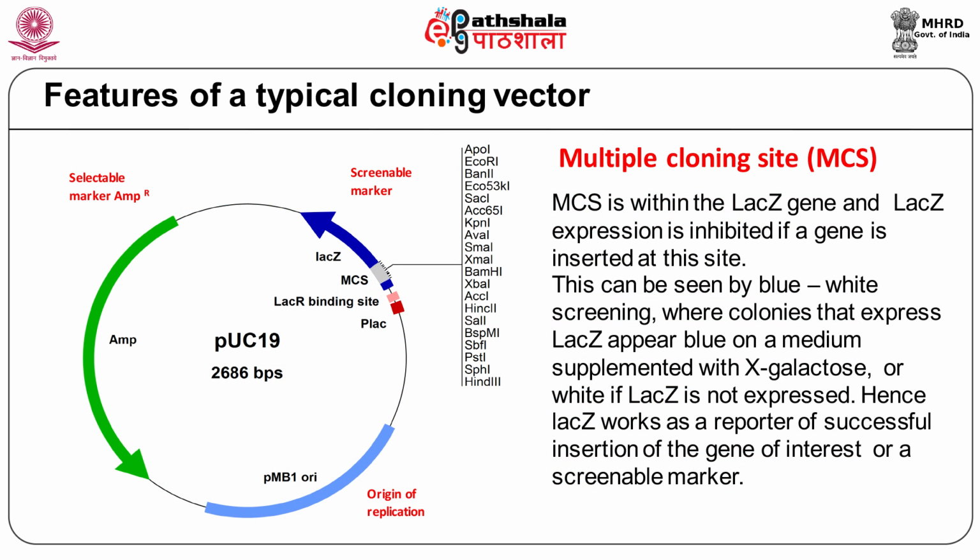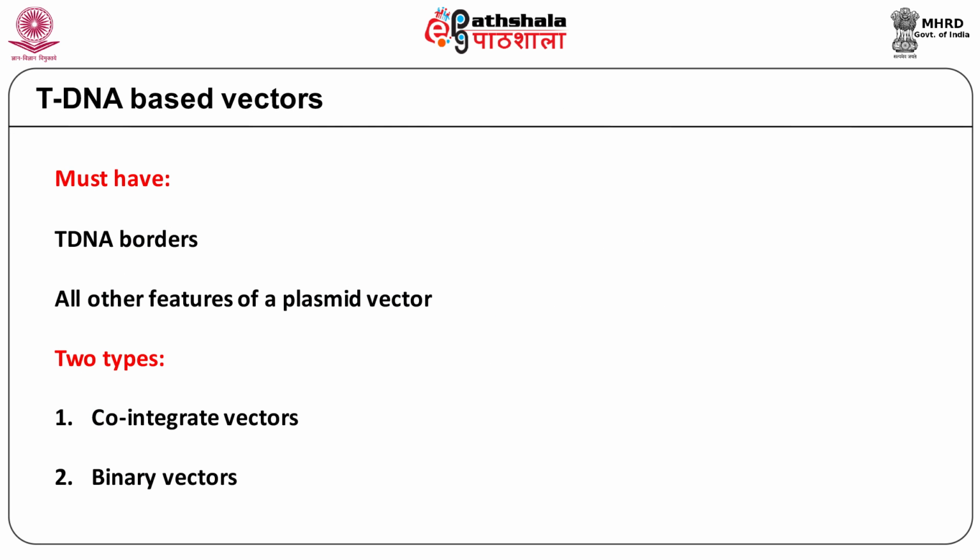The features required in a typical plasmid vector include an origin of replication, by which multiple copies of the plasmid can exist in a bacterial cell; a multiple cloning site consisting of unique restriction sites; a selectable marker, generally coding for antibiotic resistance; and a screenable marker, which can help in distinguishing transformed from non-transformed cells. The T-DNA based vectors must have T-DNA borders.